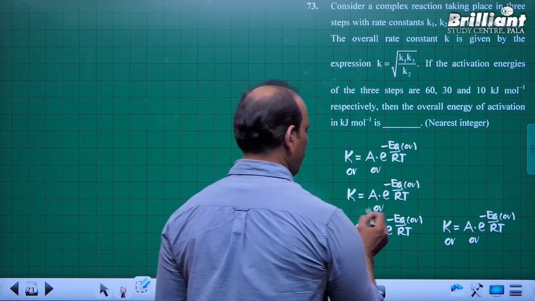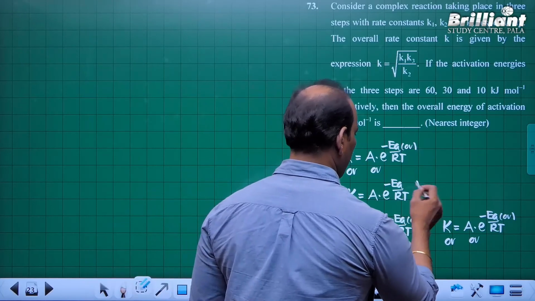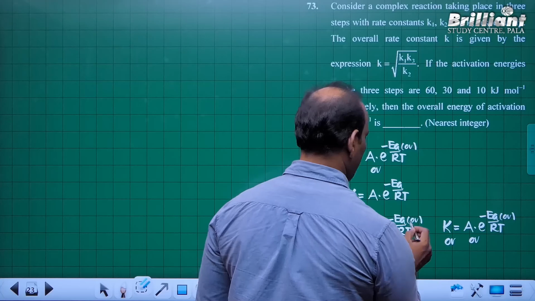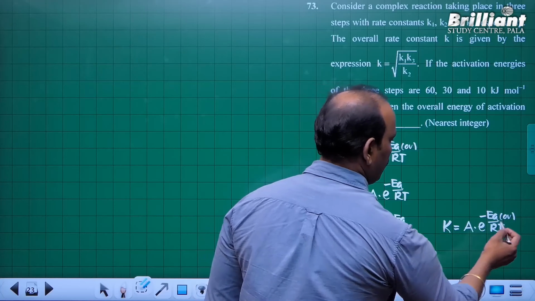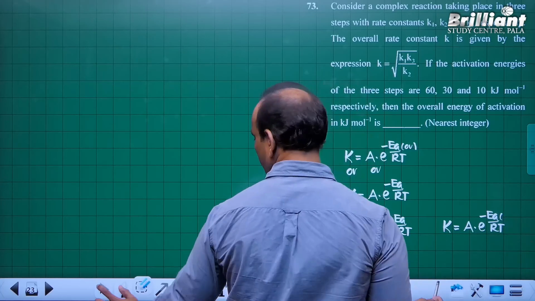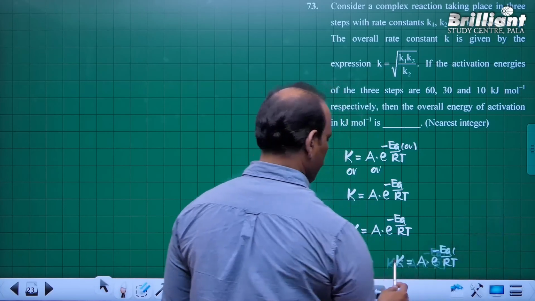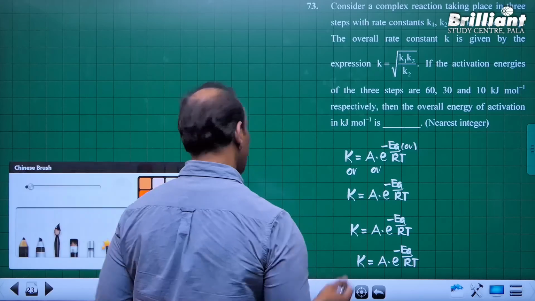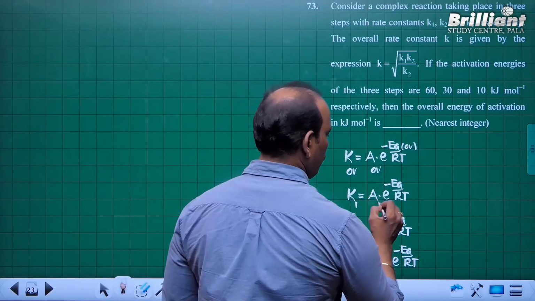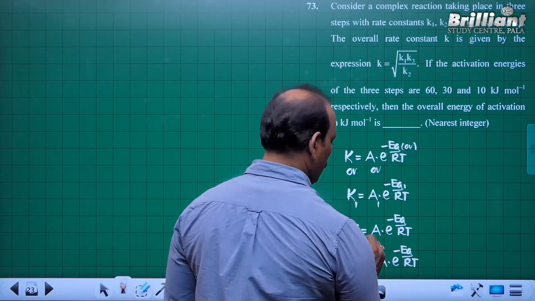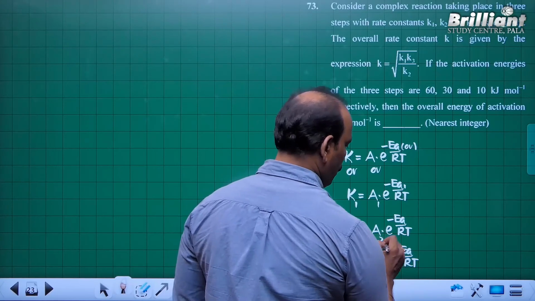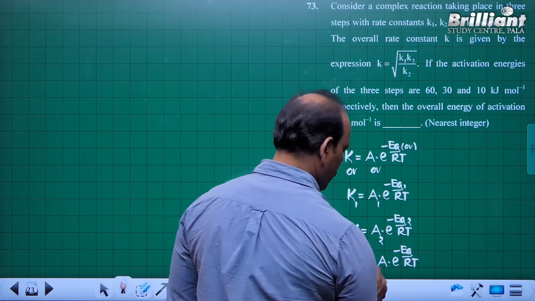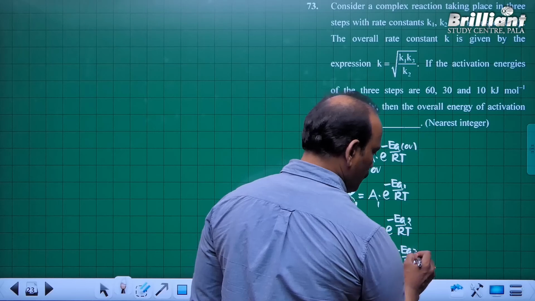Then stepwise, K1, A1, activation energy 1; then 2, A2, EA2; here 3, A3, EA3.